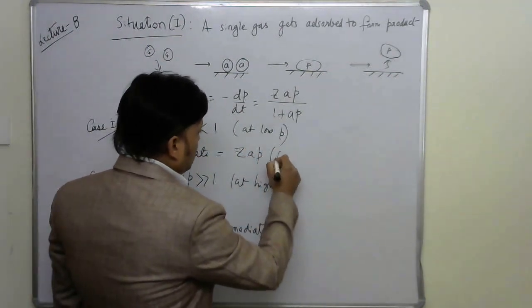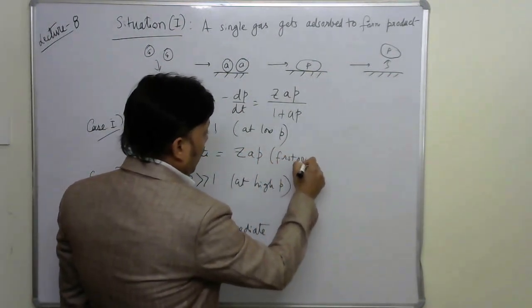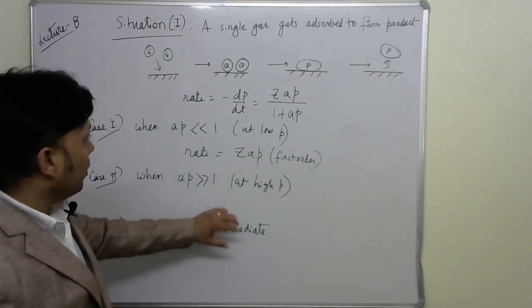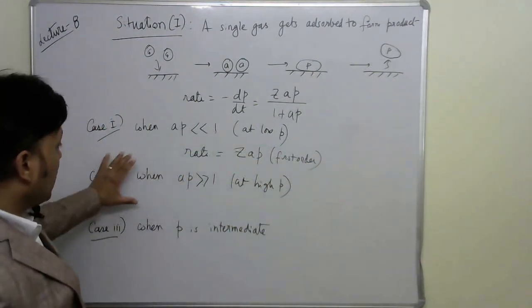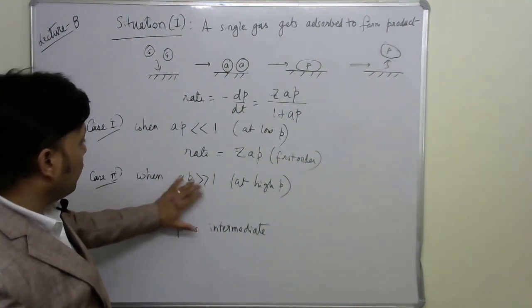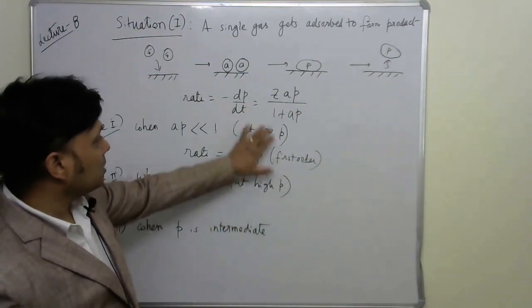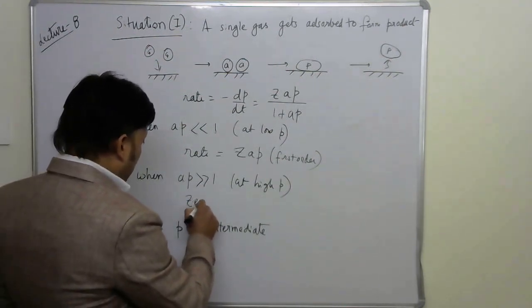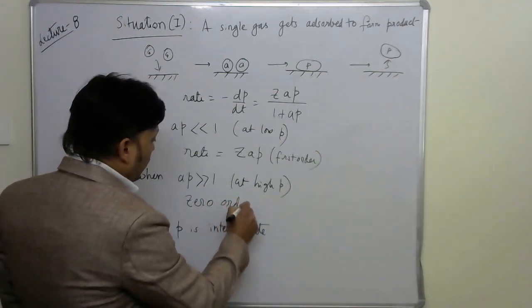This is nothing but first order kinetics. In the other extreme, when the pressure is very high, AP becomes very high with respect to 1, so we can neglect 1 with respect to AP, and the kinetics follows a zero order rate law.